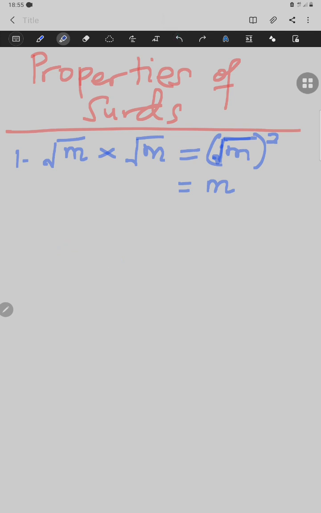So an example is when you have this. Alright, let me change the color.